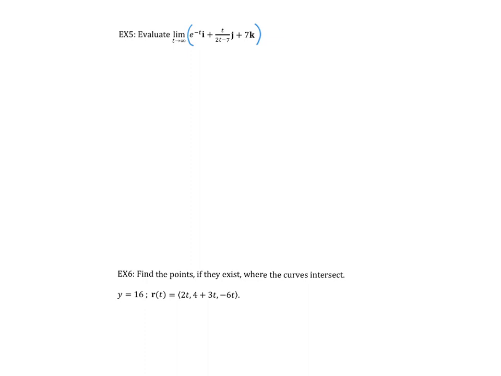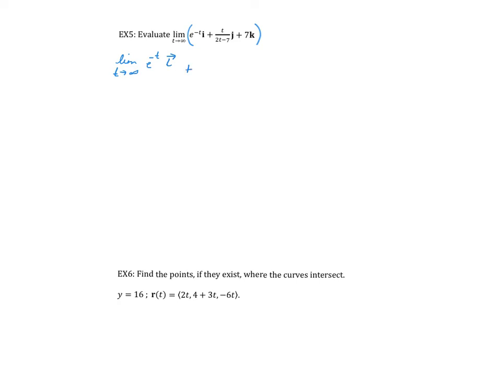Well, if I do that, then I have to take the limit as t goes to infinity of e to the negative t. I have to keep the i vector on there, right? Because previously I figured out the limit and I kept the vector brackets on there. Here, if I don't use those vector brackets, I have to keep the ijk because it's a vector.